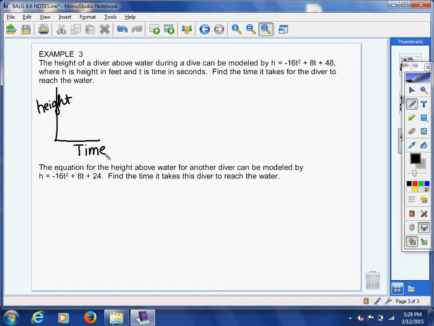So this diver is pretty high up, and she didn't start from 0 and then end at 0. It's not that type of situation. She's already at a fairly high position at the time that the timer begins. So her height is not 0, and it's not going to be as simple as starting here and diving that way.